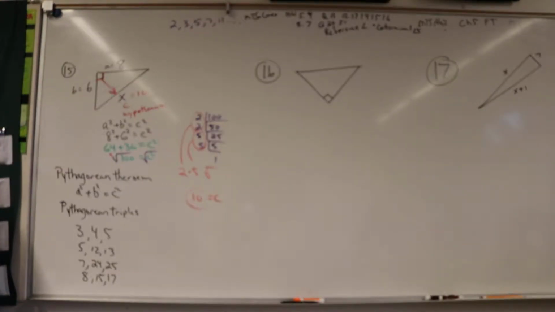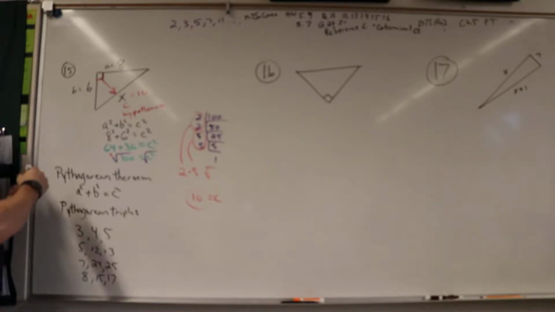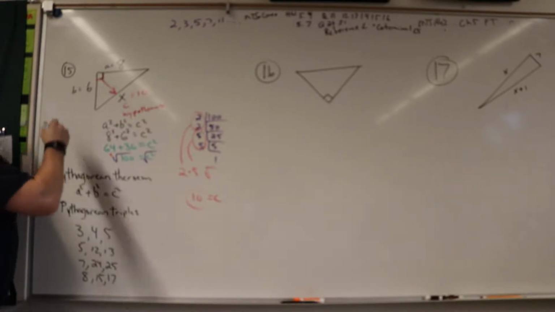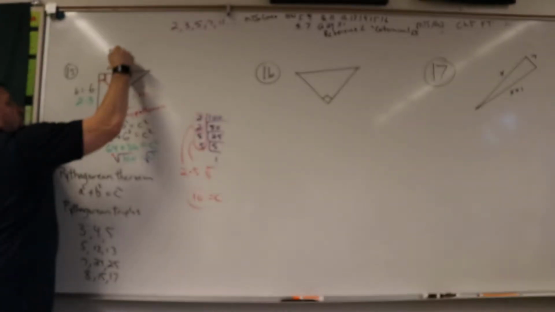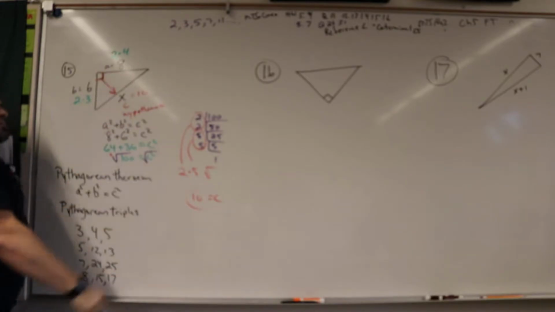Does 3 go into 6? How many times? Twice. So 2 times 3 is 6. How many times does 2 go into 8? 4 times. So 2 times 4 is 8.